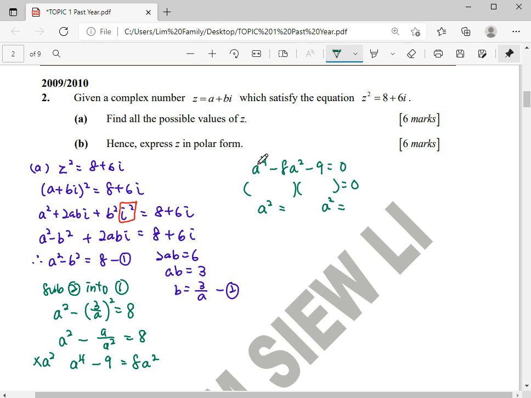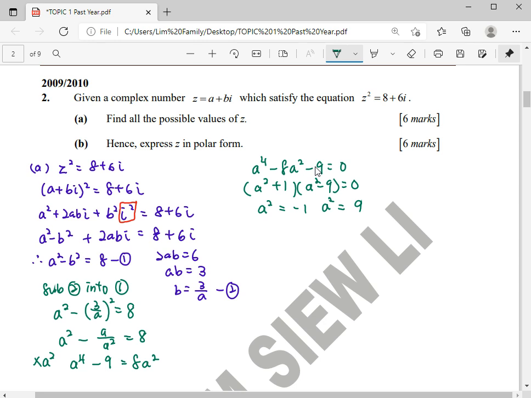So when we factorize this, press your calculator, quadratic: a is 1, b is negative 8, c is negative 9. So you will get your factorization. You get the x values equal to negative 1 and 9. Means that our factorization will be a square plus 1, a square minus 9.